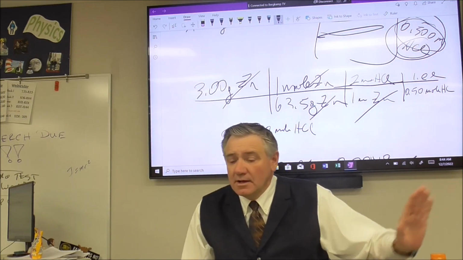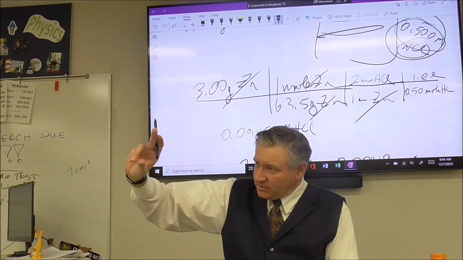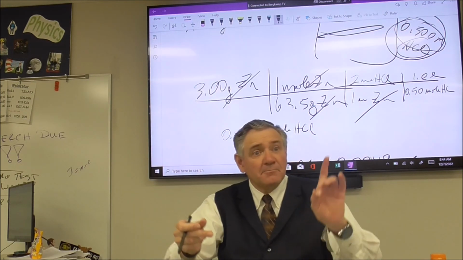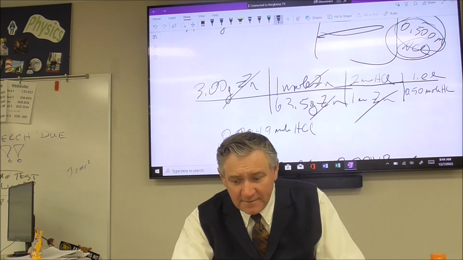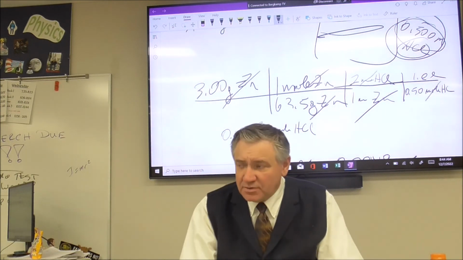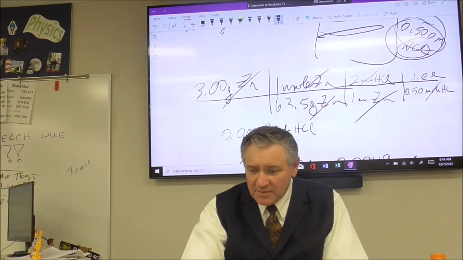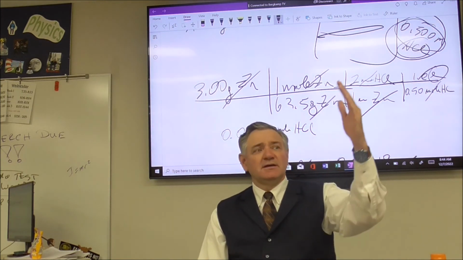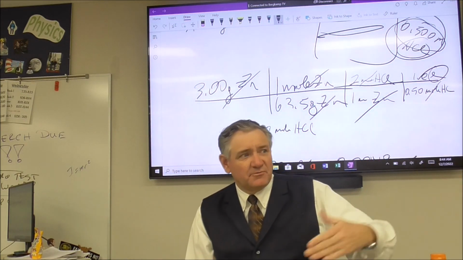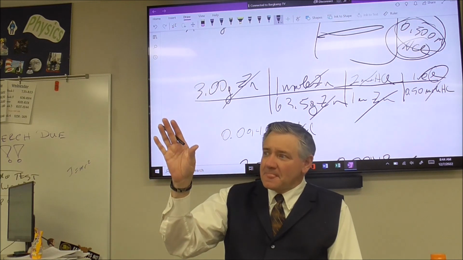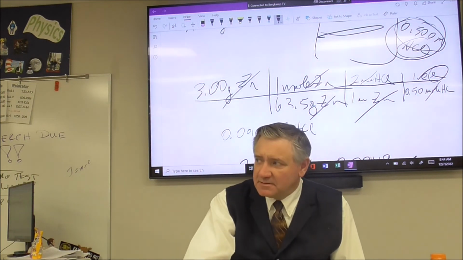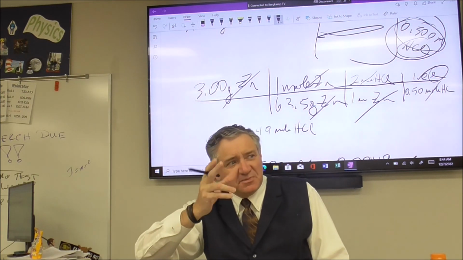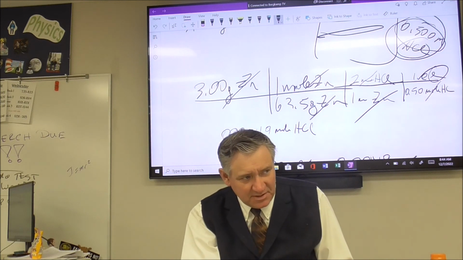But in this situation, to make the units work out, I flipped that over. But it's cool though, and here's the reason why. Then my moles of hydrochloric acid cancel out. The only thing I have left is liters, and that's what I want. So this works, but you have to think a little bit backwards, and you have to flip over the molarity.